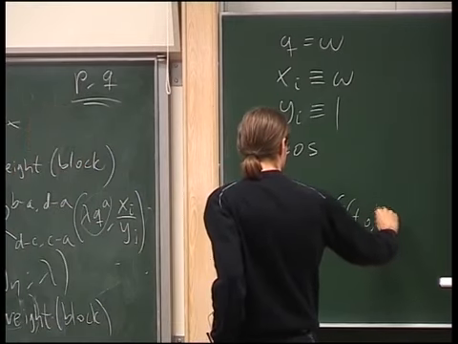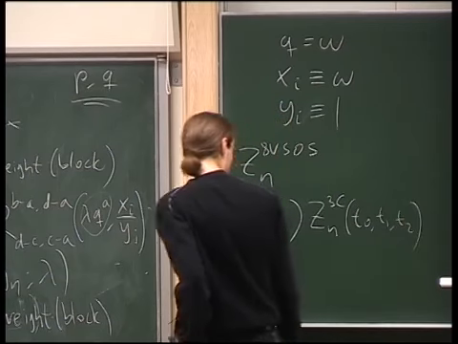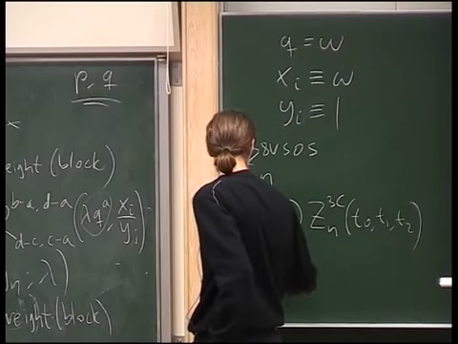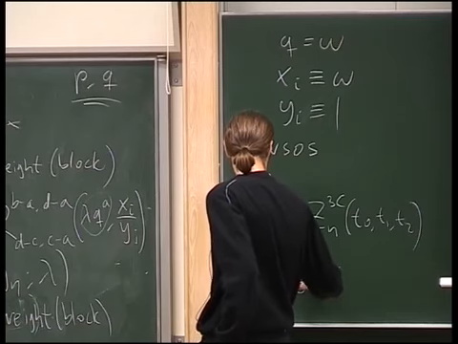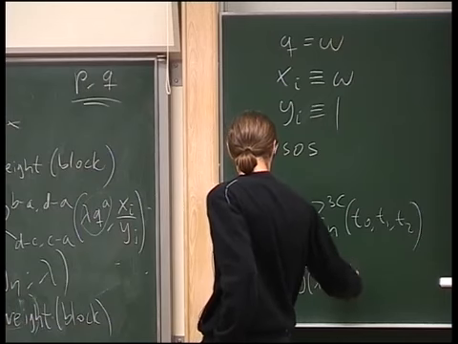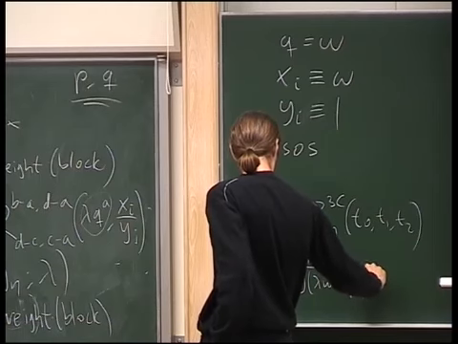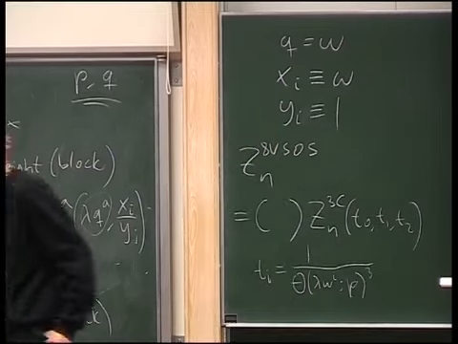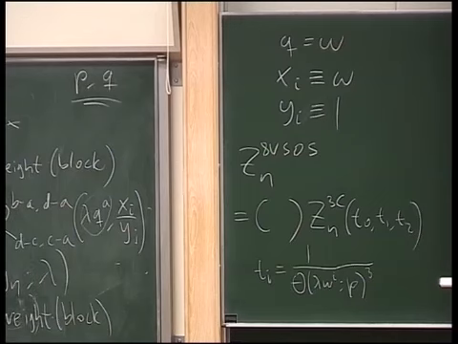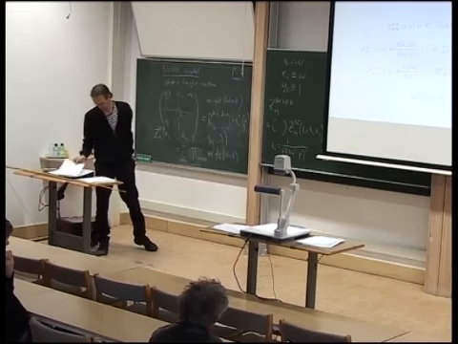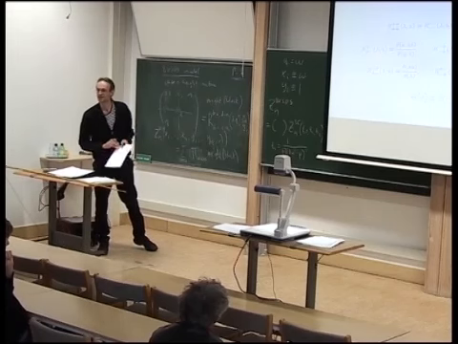So this one just depends on T0, T1, and T2, where Ti are given by the formula I said before. So I realized this is not very clear, but anyway, you can see that happens.